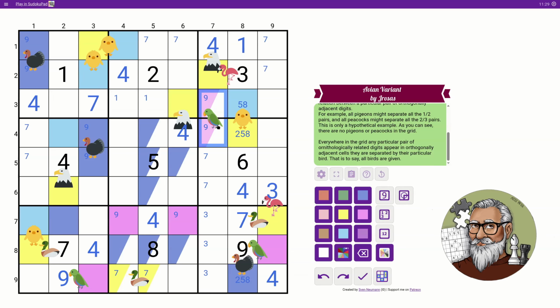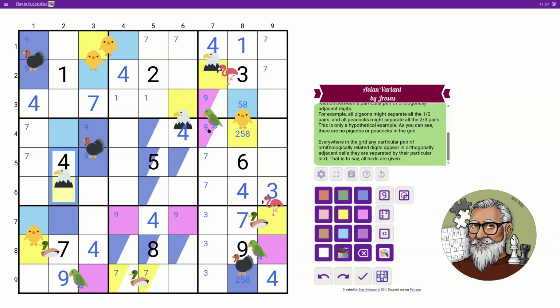9. Is there anything I can eliminate with the 9? Can't be next to blue. So what does that mean? None of these are blue, but okay. Oh, these aren't blue. Oh, right. These aren't blue because there's no blue here, and can't have blue next to a 9.